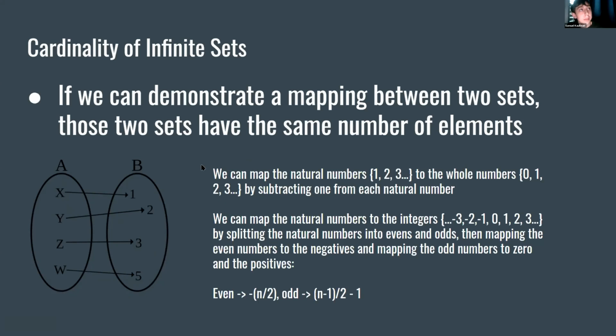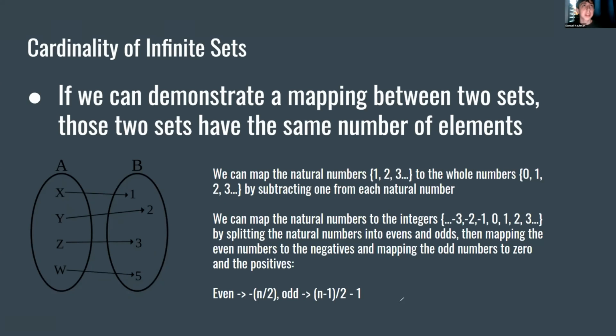Another example: the natural numbers are 1, 2, 3, and so on, and the whole numbers are the same thing, except they start at 0. We can map the natural numbers to the whole numbers by subtracting 1 from every natural number.